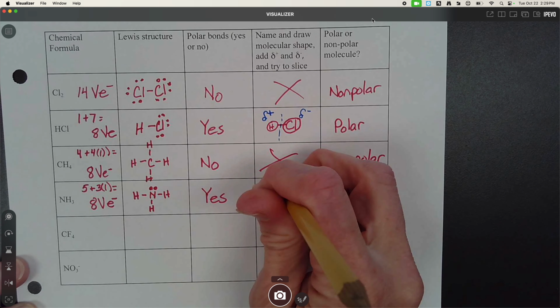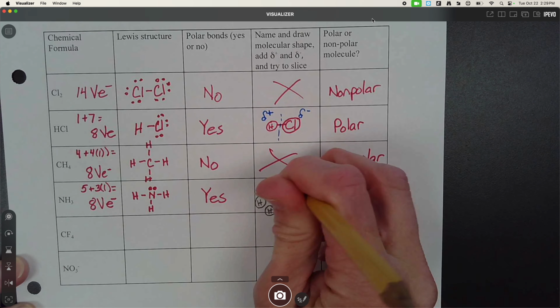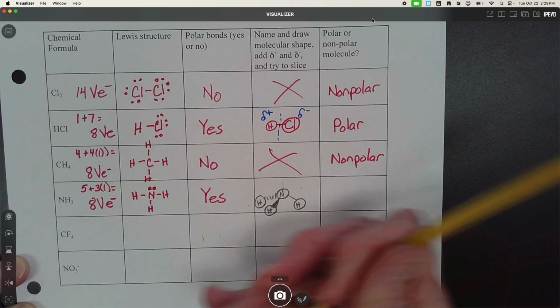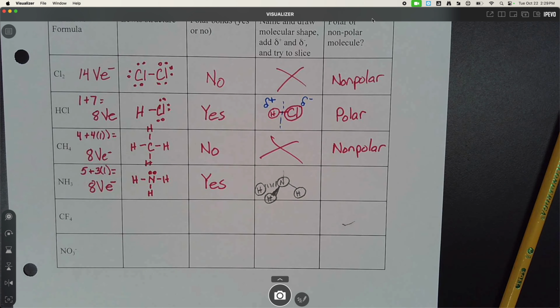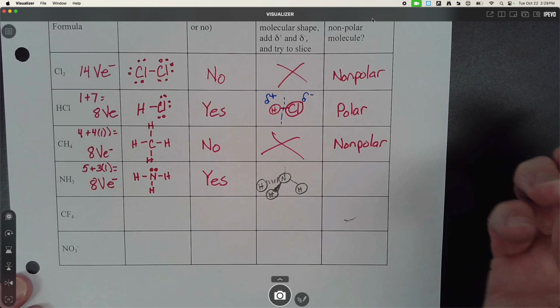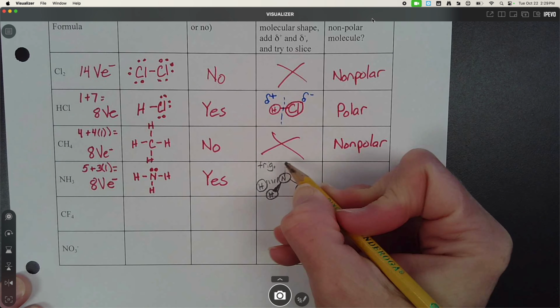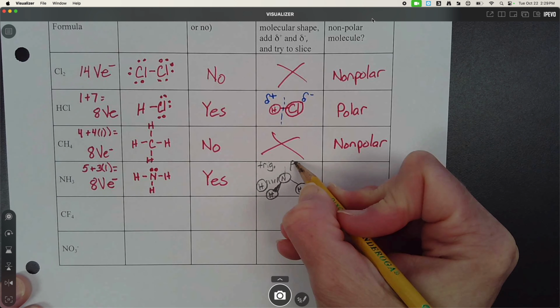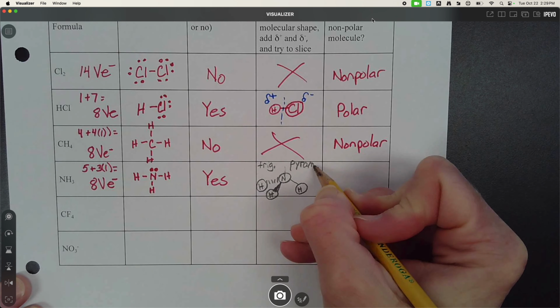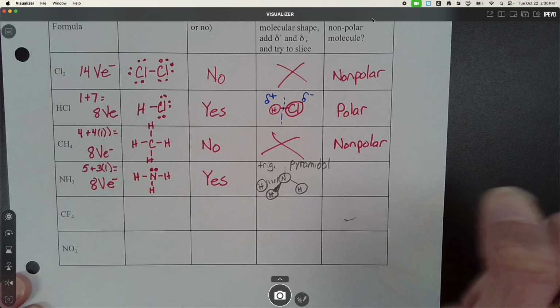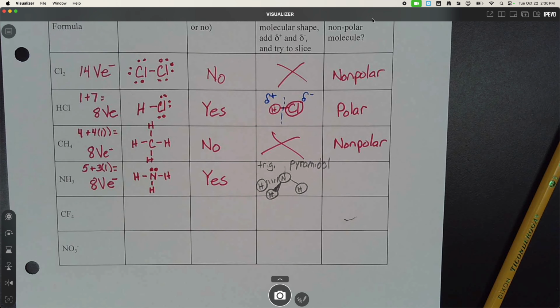And once we've done that, we erase for where the lone pairs are, and I end up with a 3-dimensional picture of my molecule. So this is a trig pyramid. Now I put in my partial positives and my partial negatives.